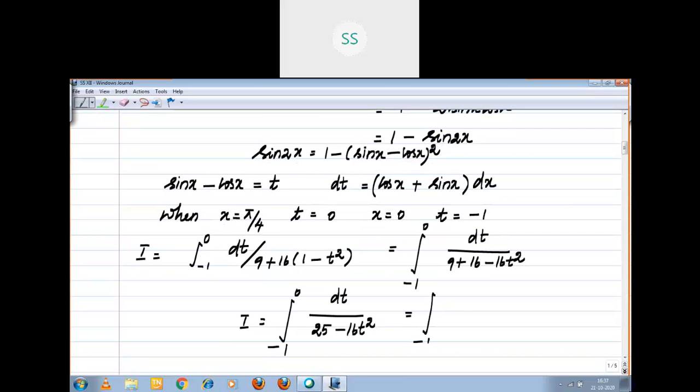Minus 1 to 0 dt divided by 16, if you are taking it as common, then 25 you write as 25 by 16 minus t square.